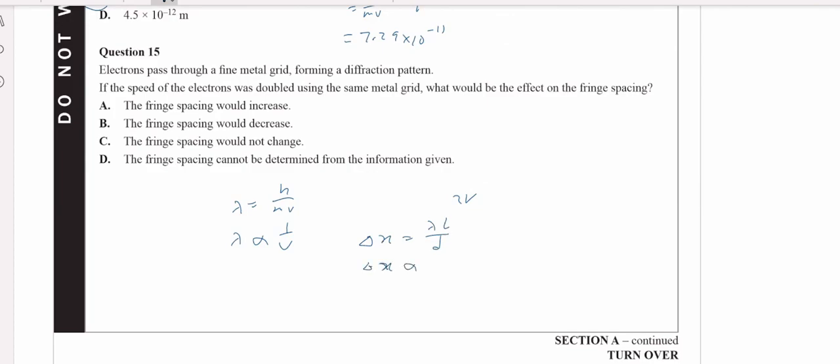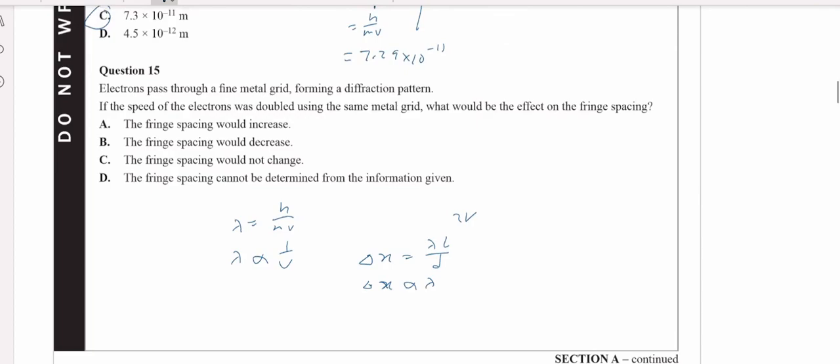Fringe spacing is proportional to lambda. So doubling the speed would decrease wavelength. Decreasing wavelength would decrease fringe spacing.